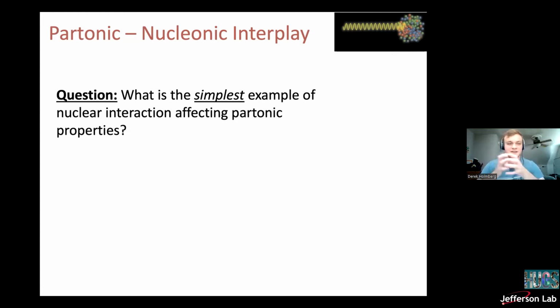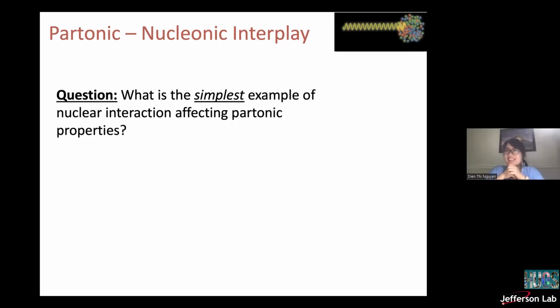I know that measurements of the mass radius of the proton are different for a bound proton than a free proton. That shows the quarks are interacting with quarks from another nucleon, so they're not just a free gas bouncing around in there. They're talking to each other and interacting in that way.